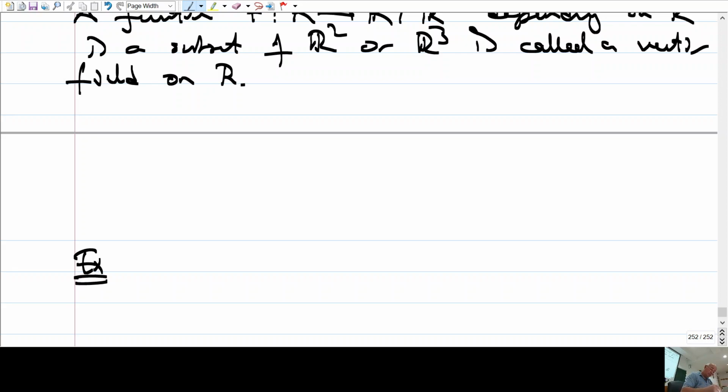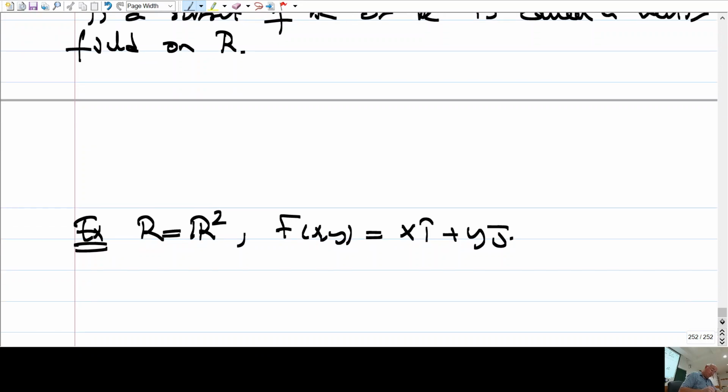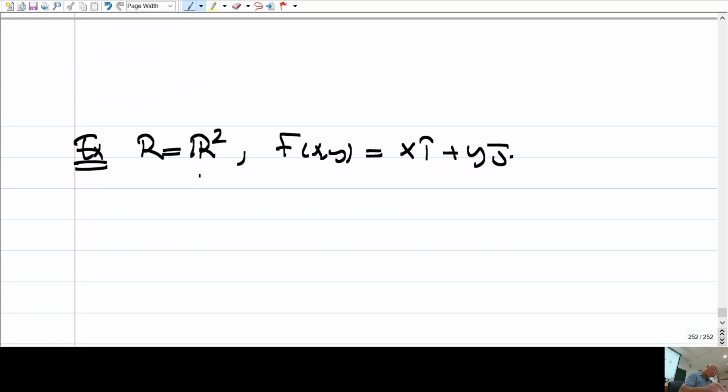let's look at this one. Let's take this region to be just R2 and f(x,y) to be the following: xi plus yj. What is this?